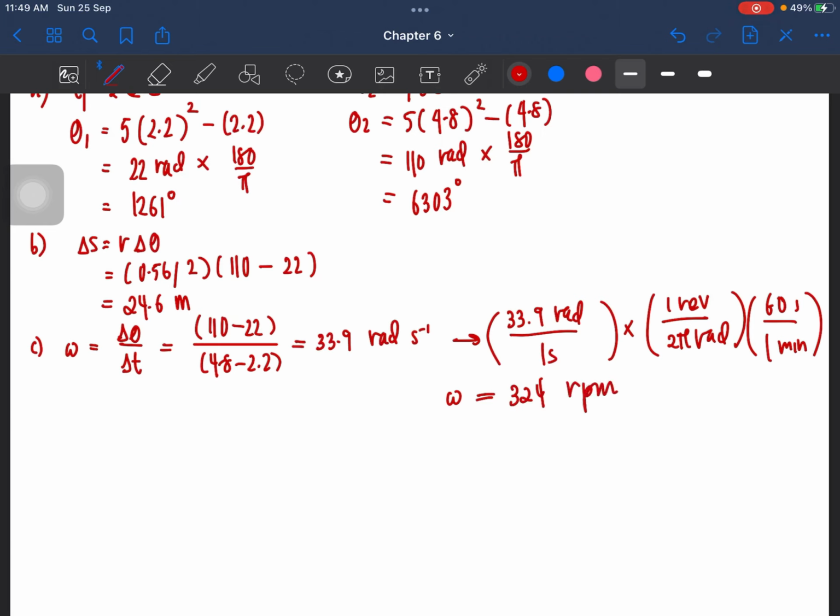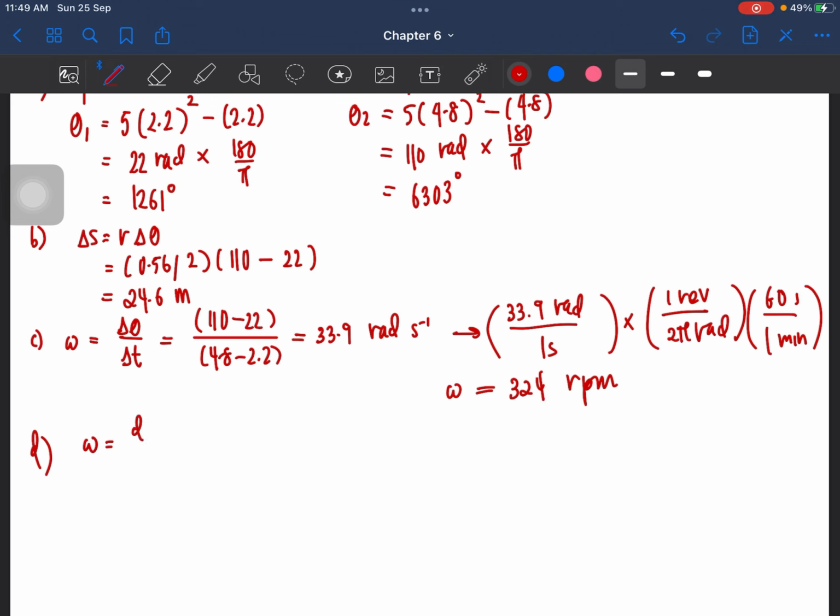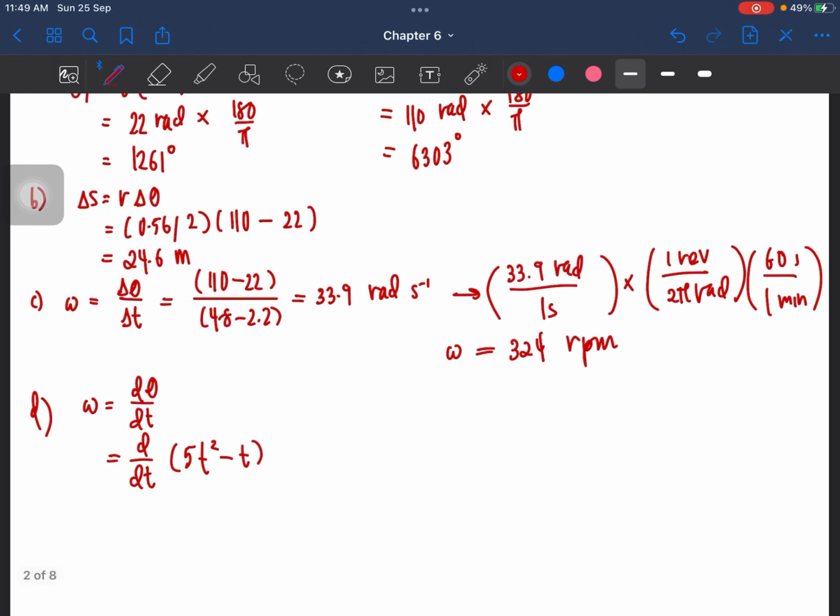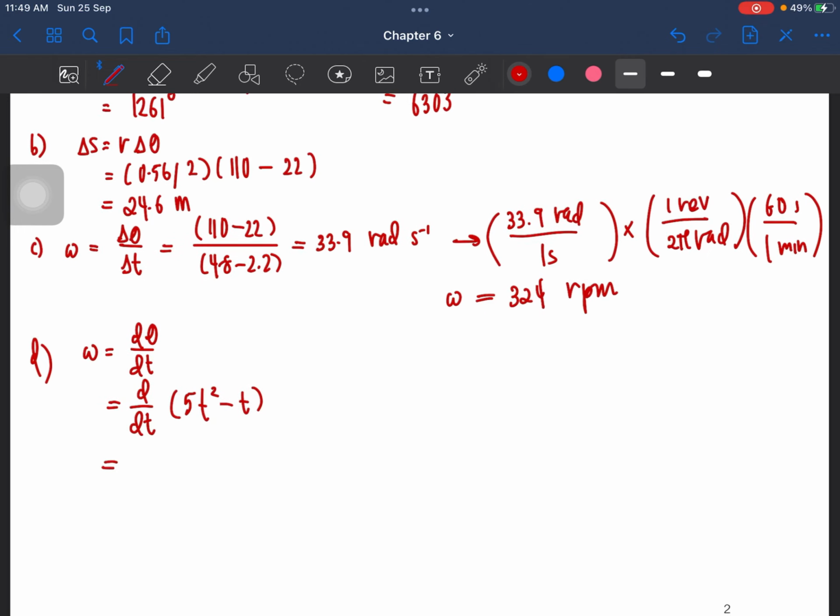Next, question D, we have to calculate the instantaneous angular velocity, that is just omega equals d theta over dt. Your theta here is the equation given in the question. Differentiate this in terms of t, you will get 10 t minus 1.